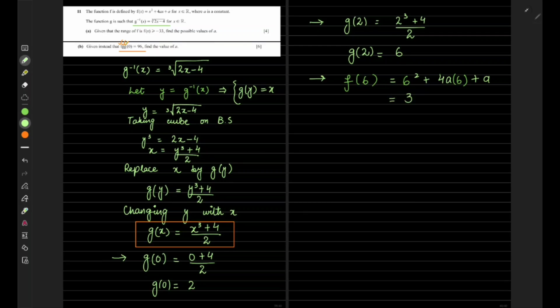So 36 plus 24a plus a, that means 25a. So 36 plus 25a. Now we know that, what is this? This is actually f of g of 0.